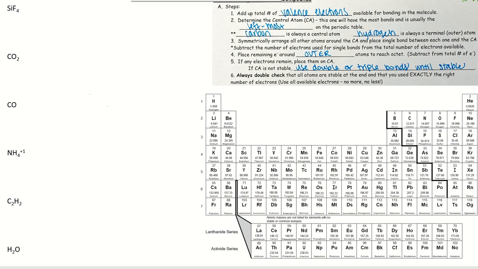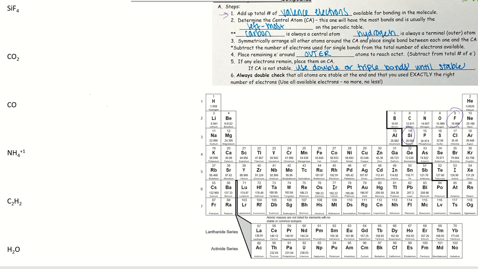So starting with the first example of silicon bonded to 4 fluorine atoms, if we're looking at these two atoms, I have silicon right here and fluorine right here. My first step is to add up the total number of valence electrons available for bonding in the molecule.